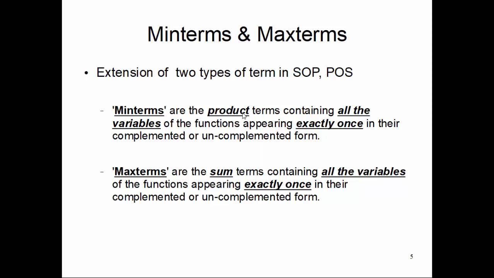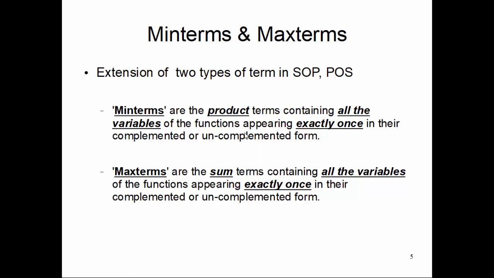Your product is dot, dot is AND. So we loosely call it a product term, but it is really a logical AND of the term, containing all the variables of the function appearing exactly once in their complemented or uncomplemented form. So min terms, by definition, are product terms, meaning they involve only the AND operations.